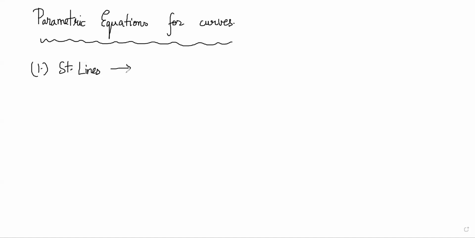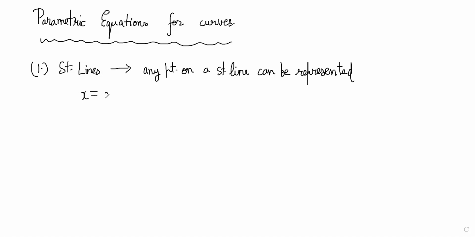So for example, if we have straight lines, any point on a straight line can be represented by parametric equations like this. X is equal to x naught plus t cos alpha.